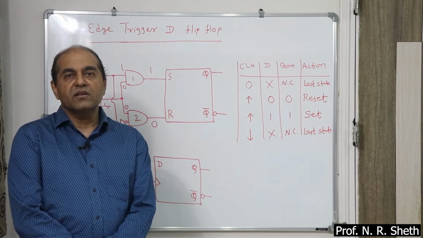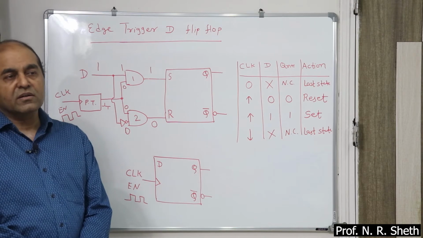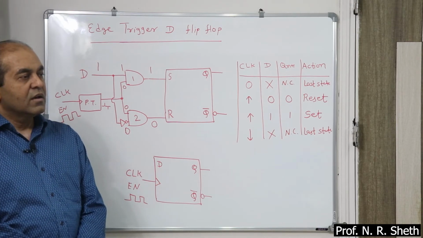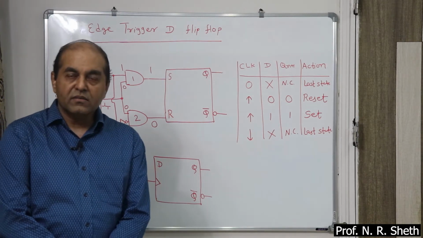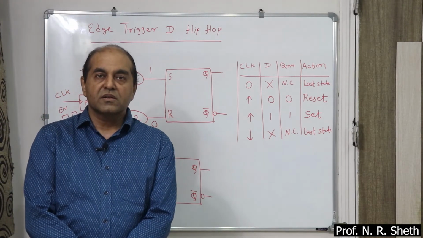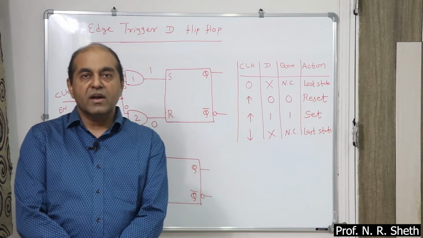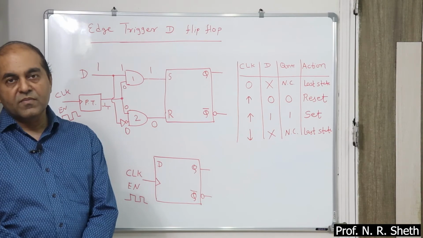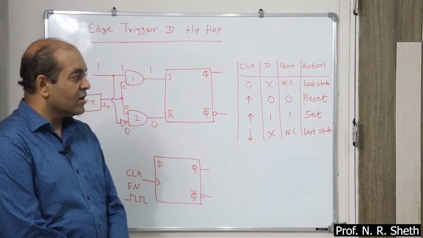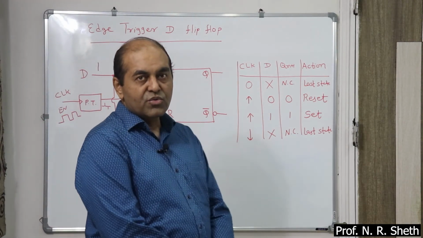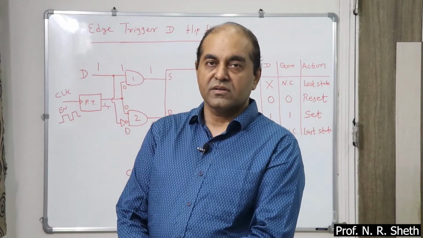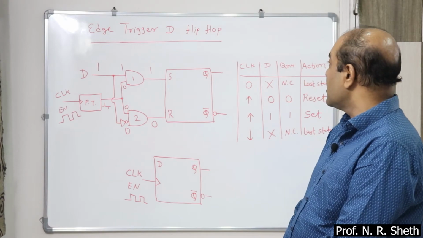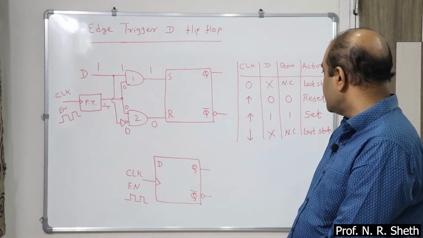So very easily we have eliminated both the problems: the forbidden case, where Q and Q bar are the same, and the circuit becomes synchronous and there is no possibility of error signal to enter into the circuit. So this is the second version of D flip flop, edge triggered D flip flop.